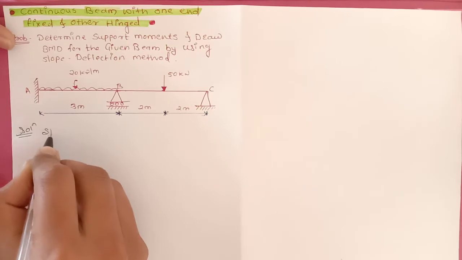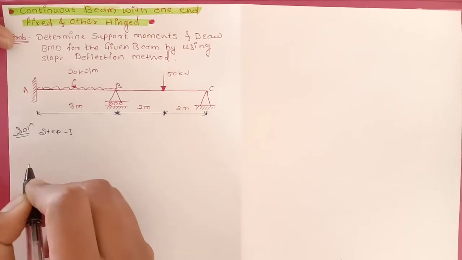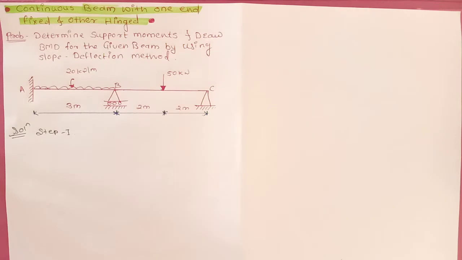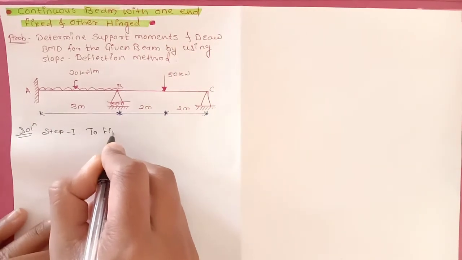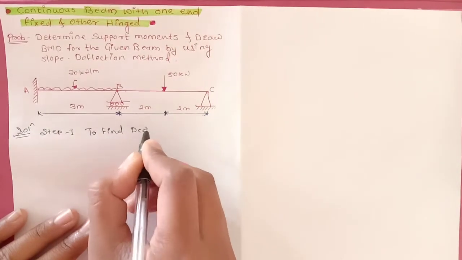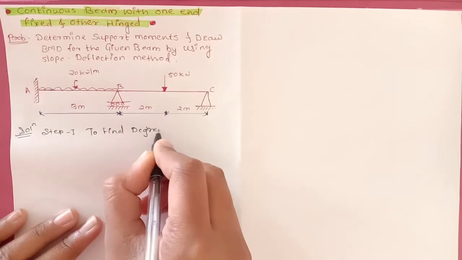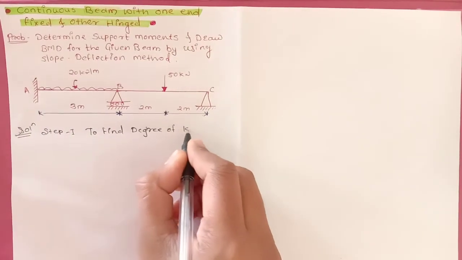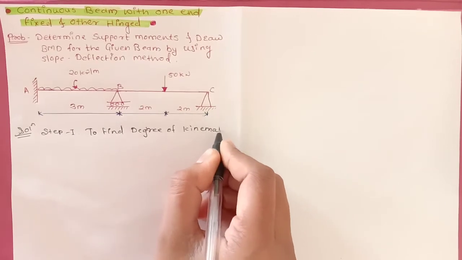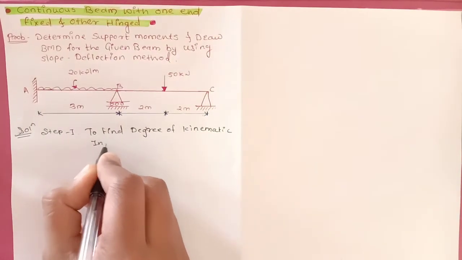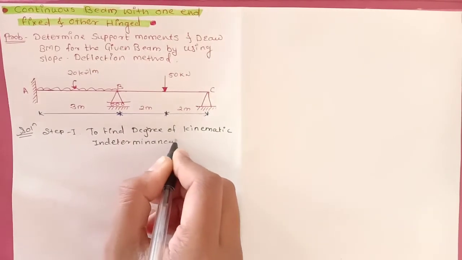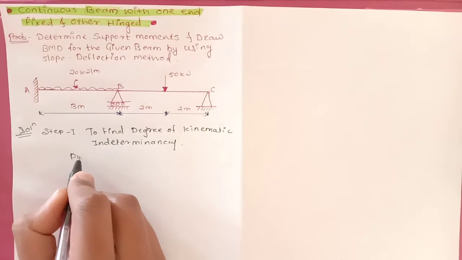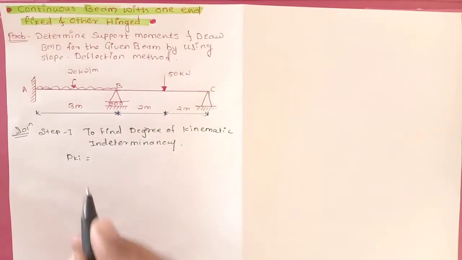So the first step is to find the degree of kinematic indeterminacy. That is DKI is equal to 2.